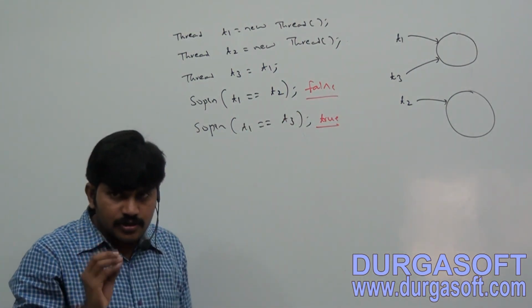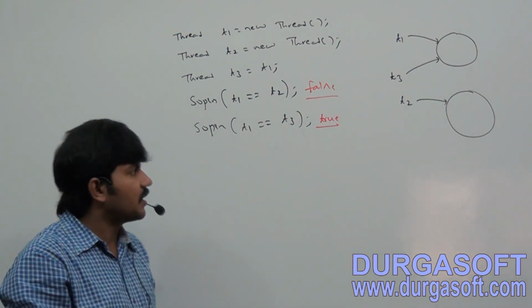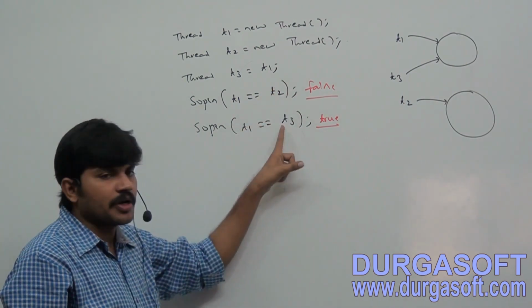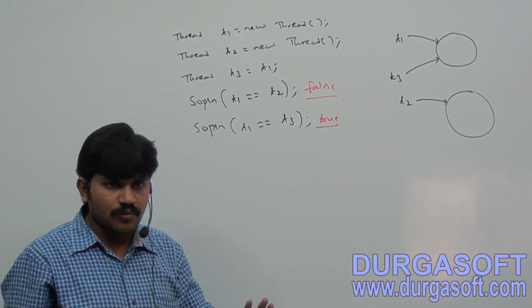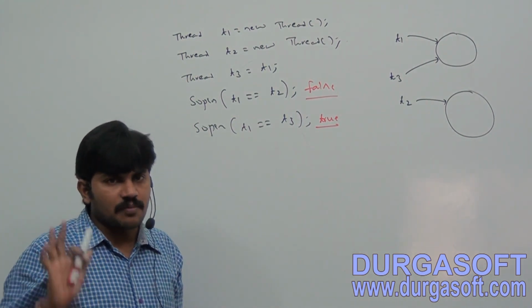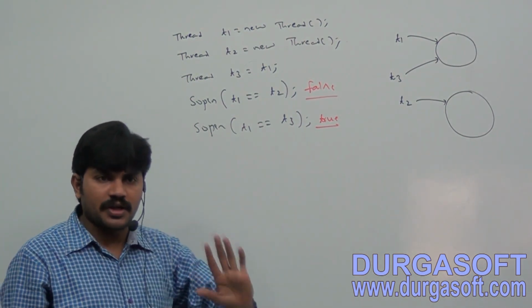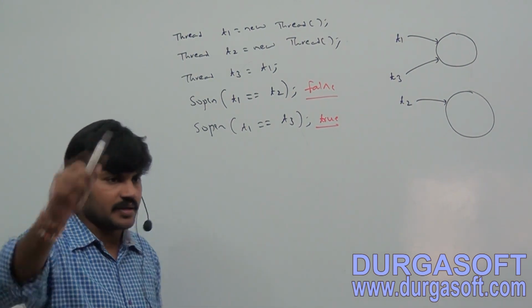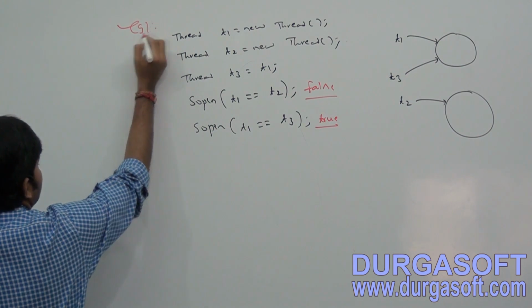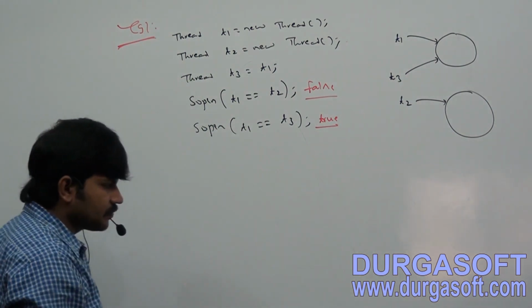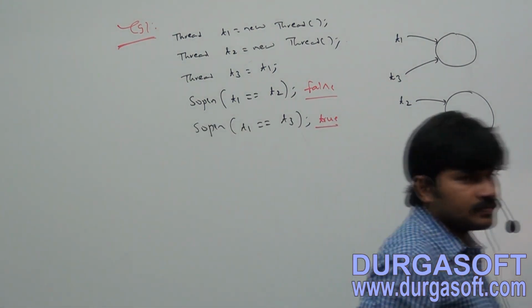Okay, make sure you have clear clarity. If both the references point to the same object, then only the double equal operator returns true. If both are not pointing to the same object, the double equal operator returns false. Okay, add example 1. Take it clearly.